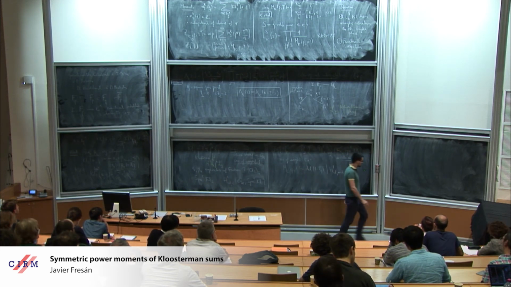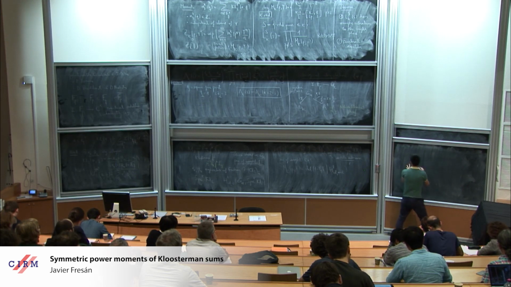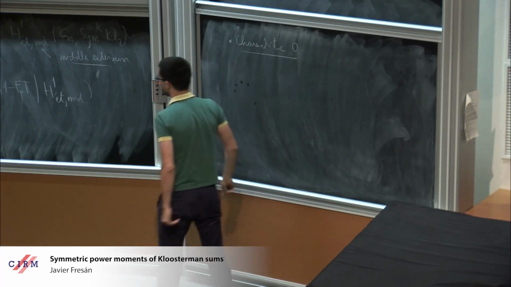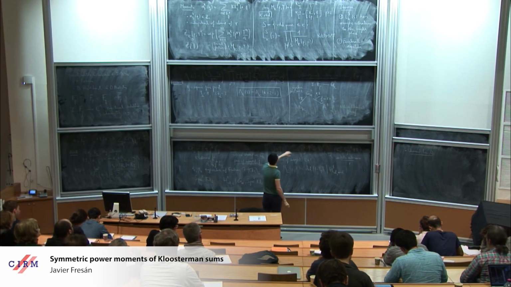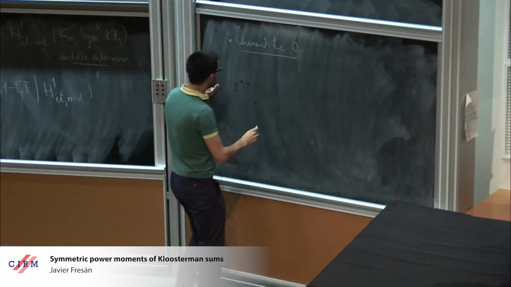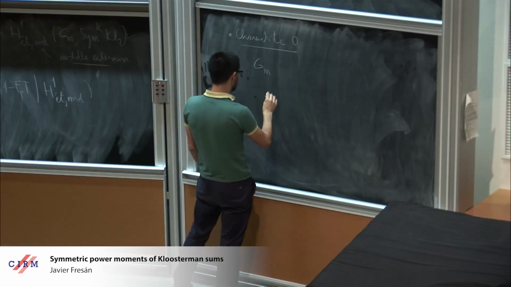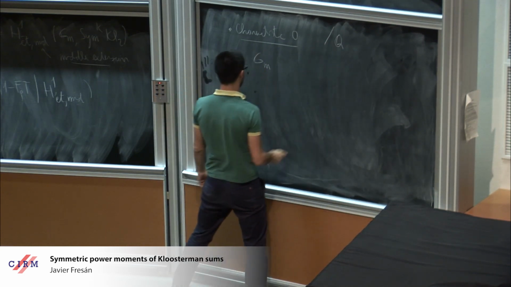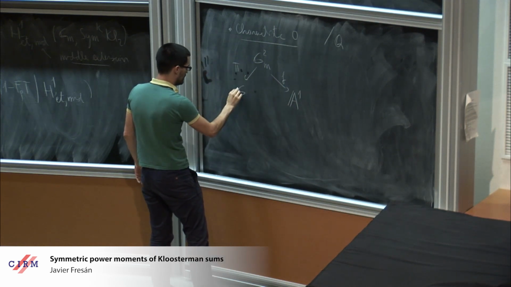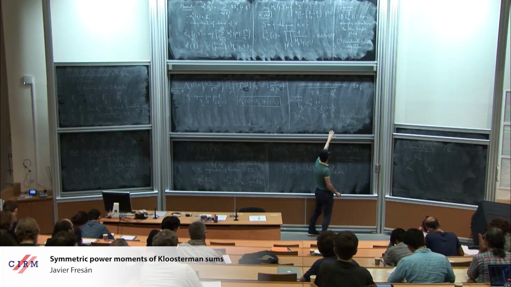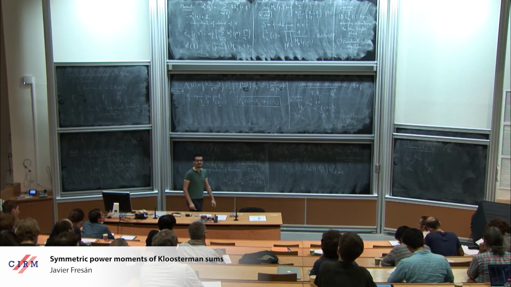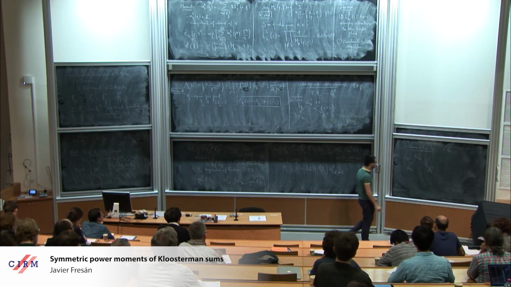So now I want to imitate this construction in characteristic 0. So I will just consider the same diagram as before, except that now we work over, let's say, Q. And now I need the analog of the Artin-Schreier sheaf, and this is the differential equation of the exponential, which has the advantage that it doesn't depend on anything.